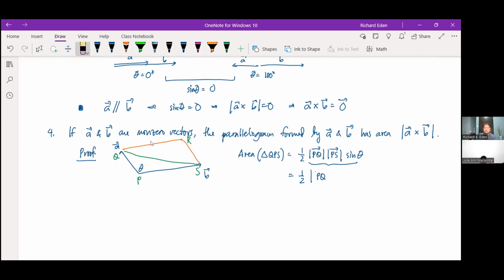I meant PQ, sorry, I got confused by what I wrote down. Okay, that's PQ cross PS. But then the area of parallelogram PQRS will be twice the area of the triangle. So here we go, the length of PQ cross PS.